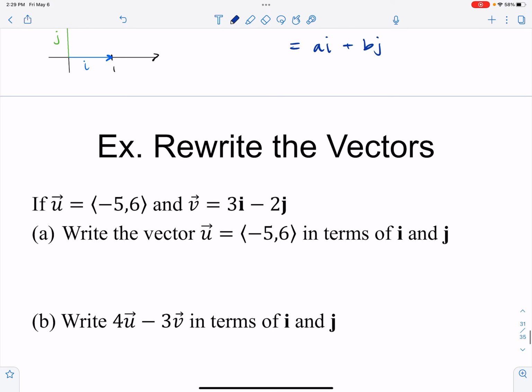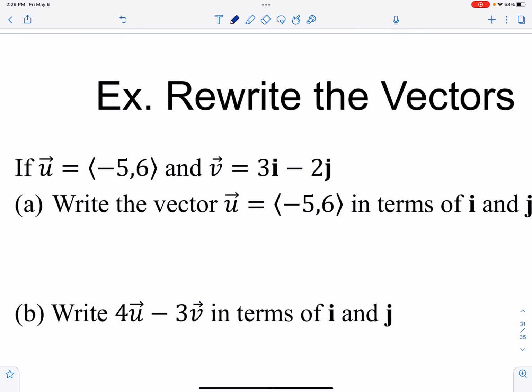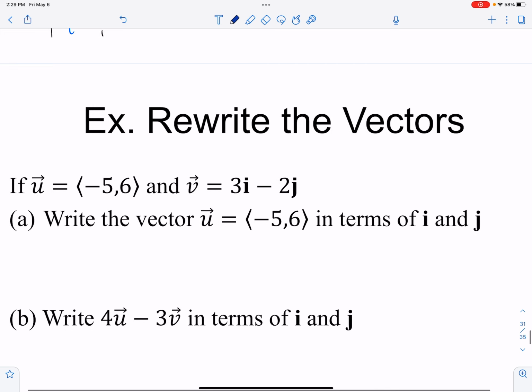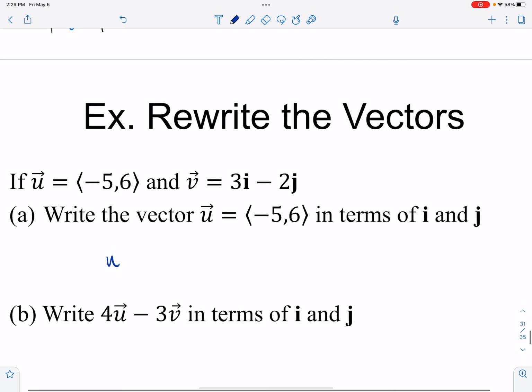Okay, so let's answer these two questions. So we can write vector u in terms of i and j. So vector u can also just be written as negative 5i plus 6j.